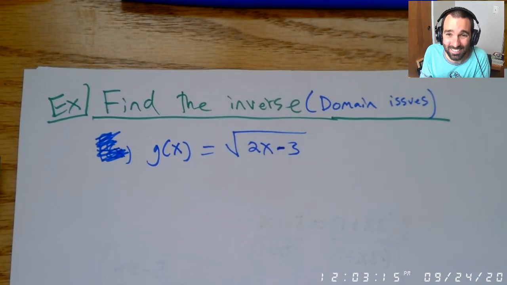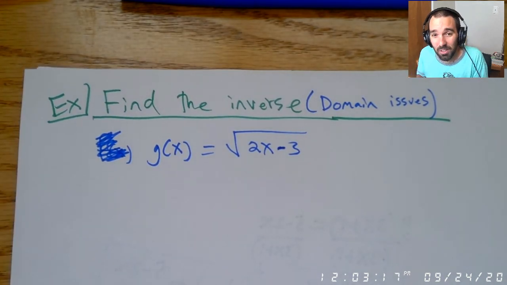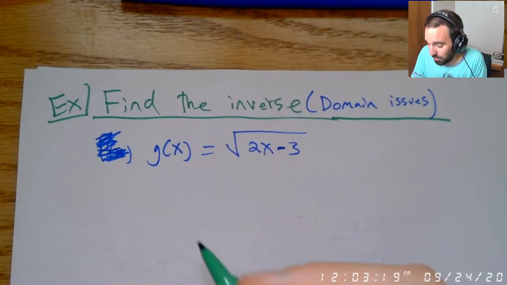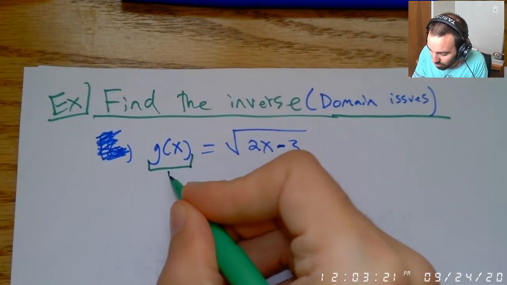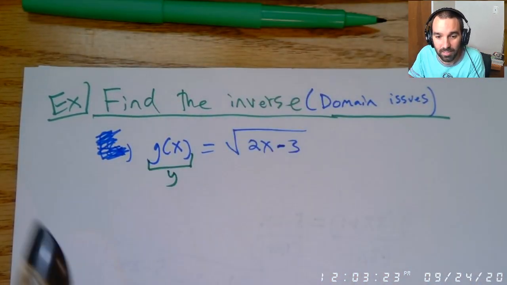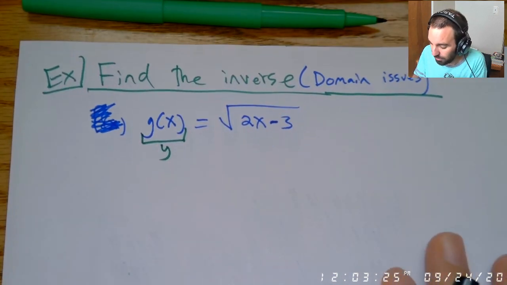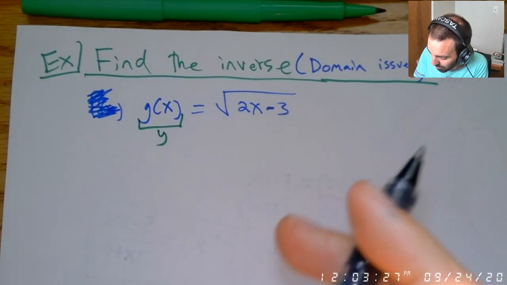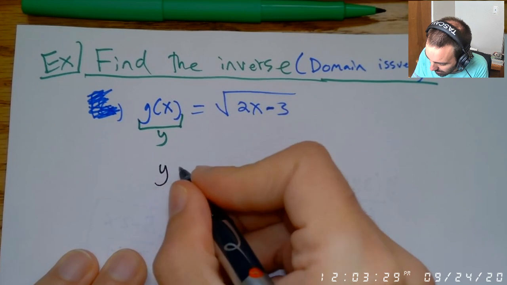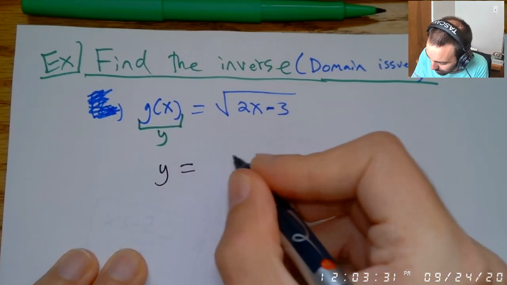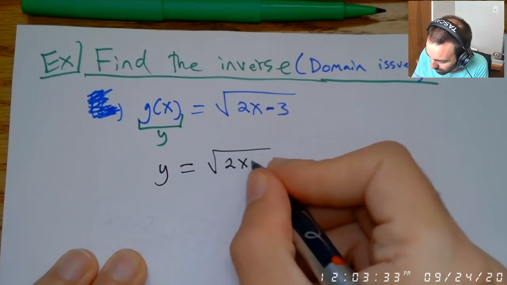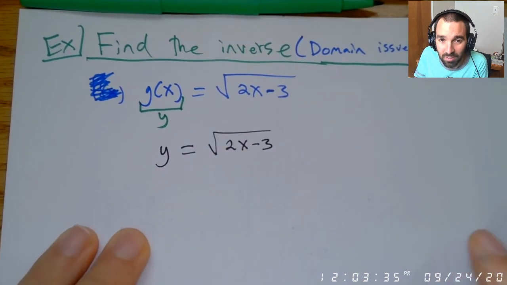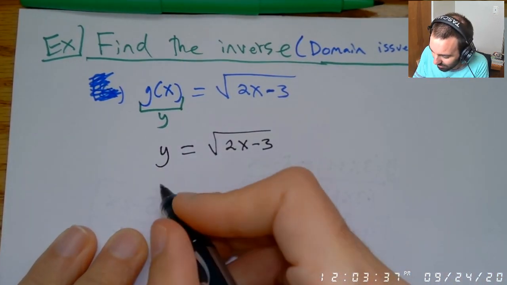It's really easy. So we're going to solve for the inverse. Remember, this is just y, right? So what's the first step? First step, I'm going to switch the x's and the y's.